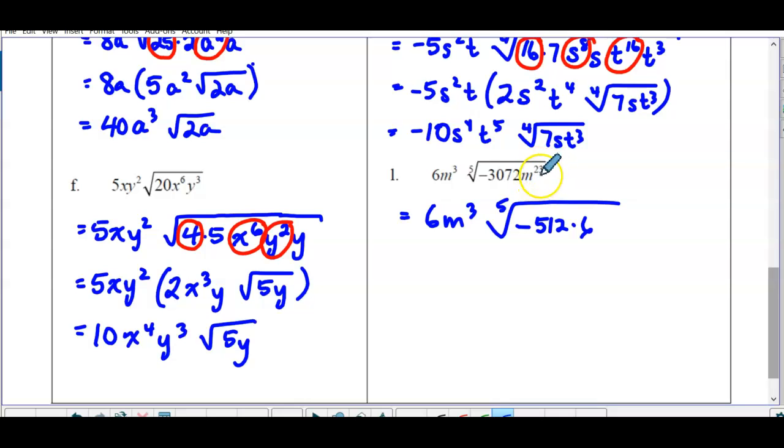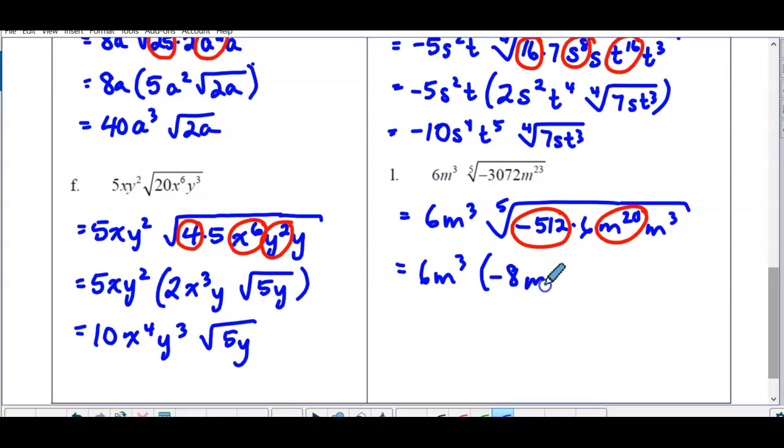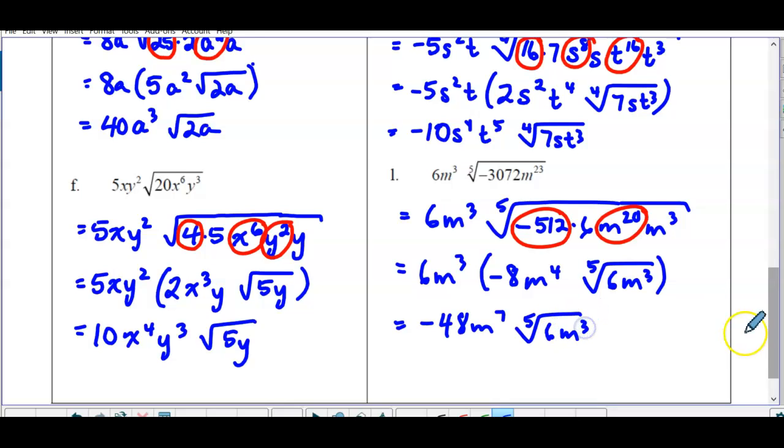So this is not a multiple of 5. The next lower is 20. So we can split that up into its factors. And then this is a fifth power, and this is a fifth power. So that'll be negative 8 m to the 4, fifth root of 6m cubed. And then multiplying that through, negative 48 m to the 7, fifth root of 6m cubed.